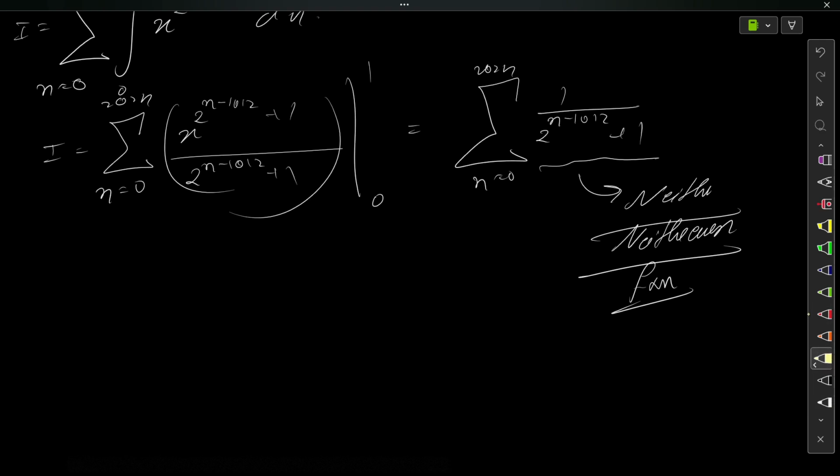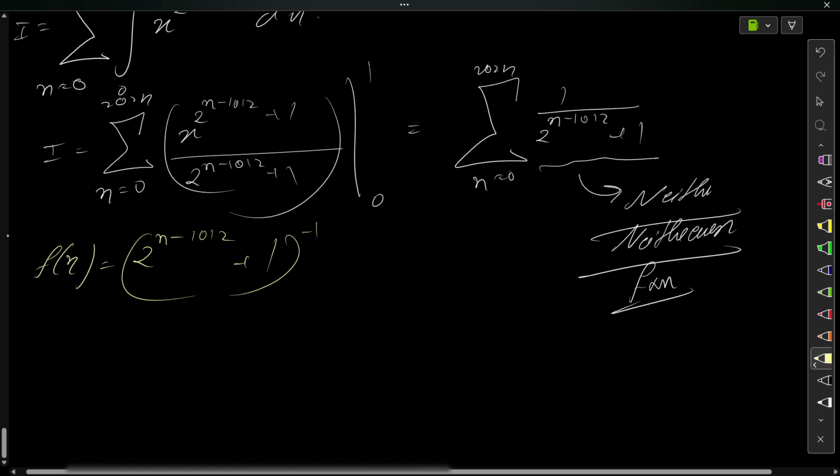If I take f of n as 1 over 2 to the power of n minus 1012 plus 1, then for the highest degree, let us take f of 2024 minus n plus f of n and see what we are getting.